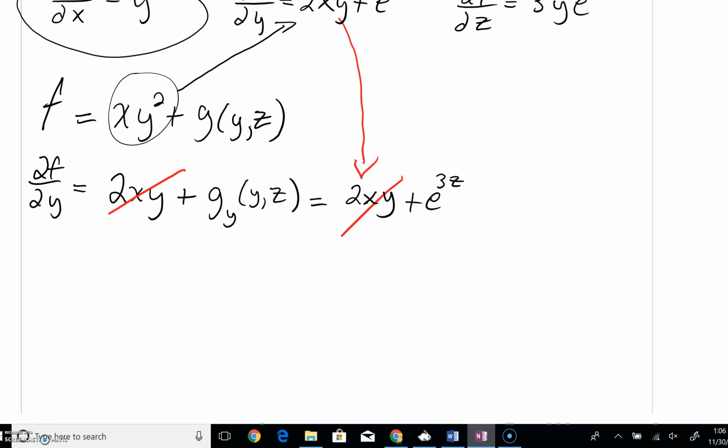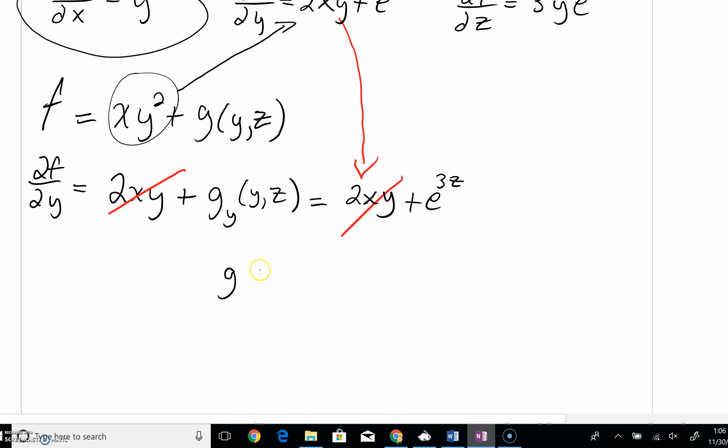And then what? You could say, well, wow, I would really like to get g alone. You see, this is a derivative of g with respect to y. And doing the opposite of a derivative is taking an antiderivative, isn't it? So I'm going to take an antiderivative with respect to y.